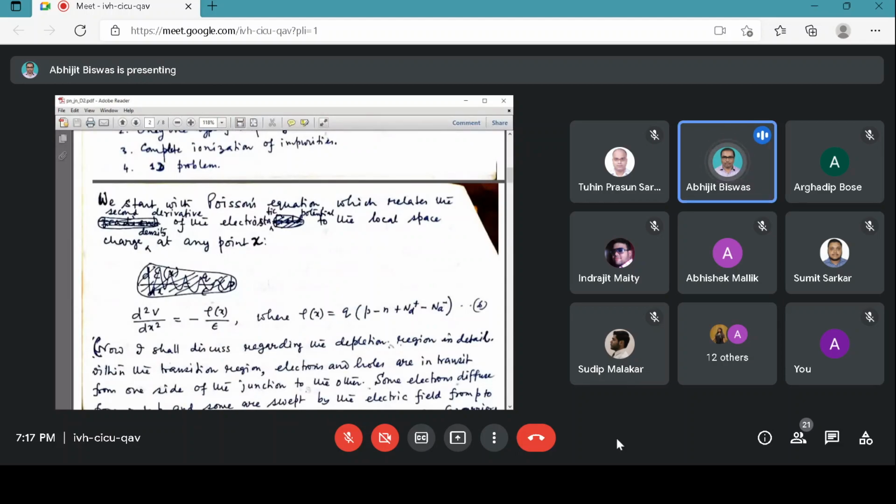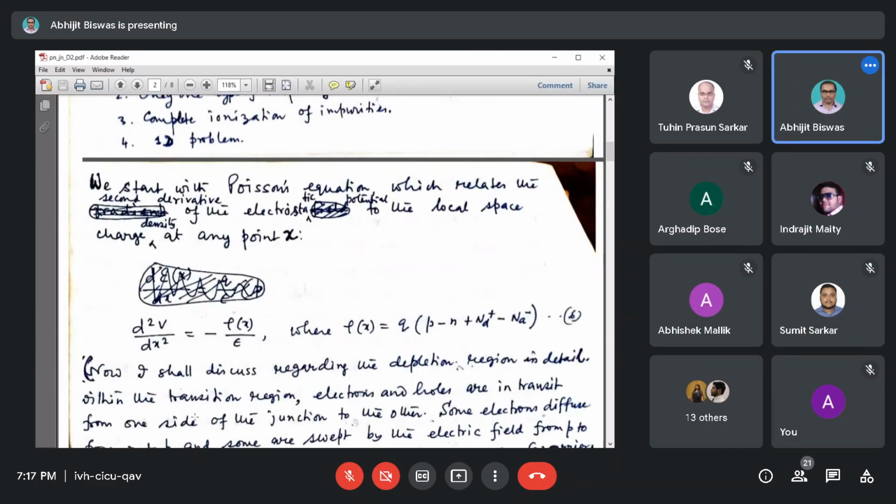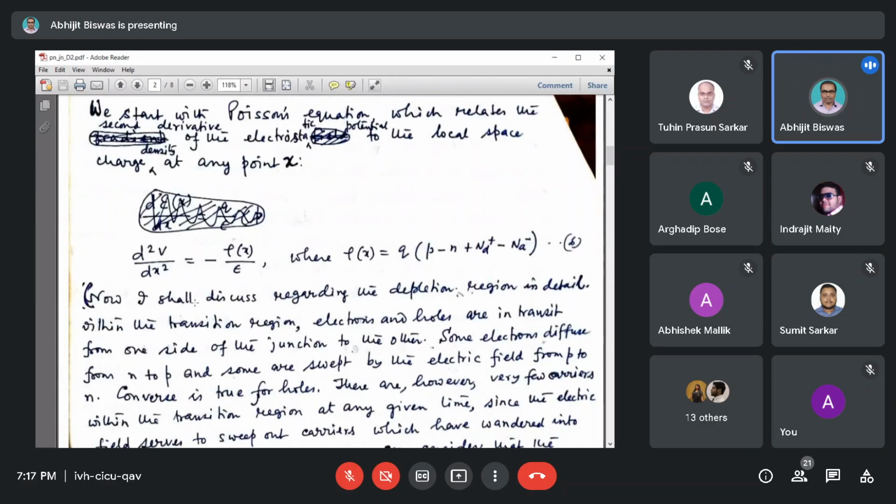You must solve this second order Poisson's equation. It is the double derivative of potential with respect to distance, and that is equal to minus rho by epsilon. Rho is the charge density. It is also a function of x, and epsilon is the permittivity of the material, here say silicon.